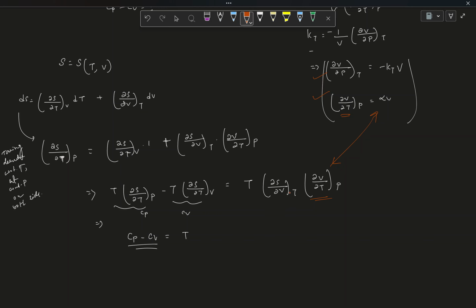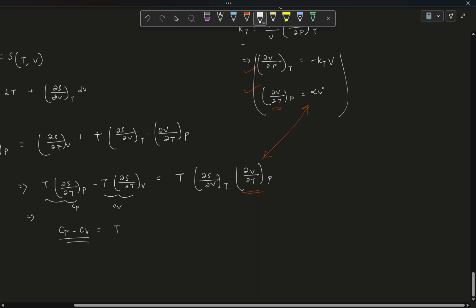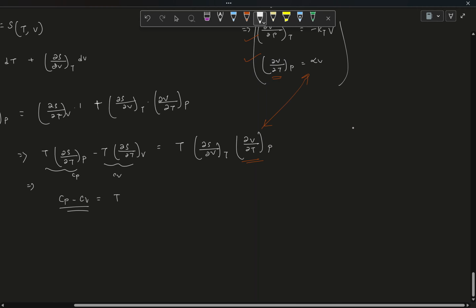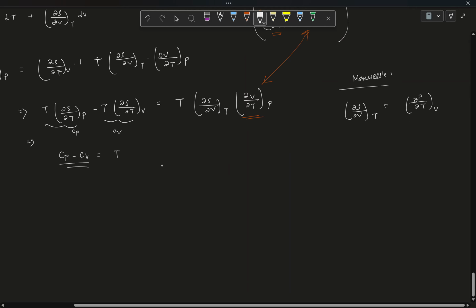But this del S del V at T constant is not matching with the relation that is given in Kt. So for that you have to again use Maxwell's equation and convert this into a suitable form so that you can replace it in terms of Kt. So this is Maxwell's relation again, that del S del V at T constant is equal to del P del T at V constant.